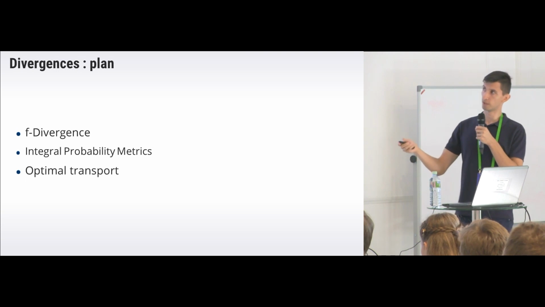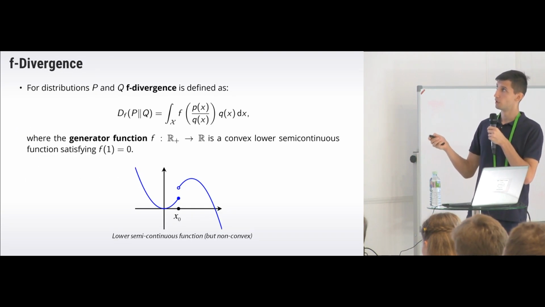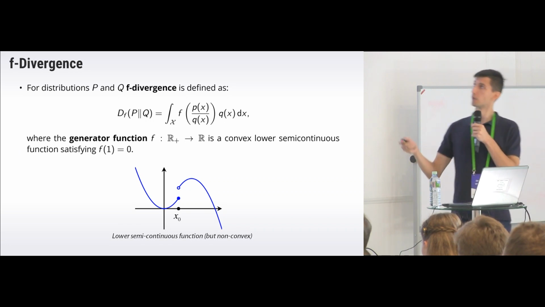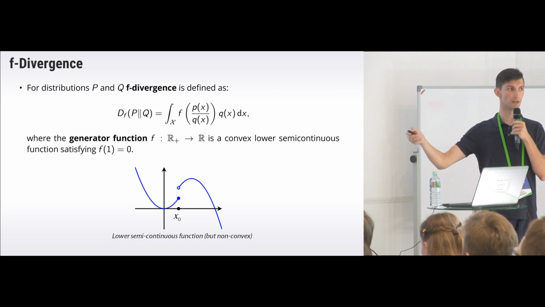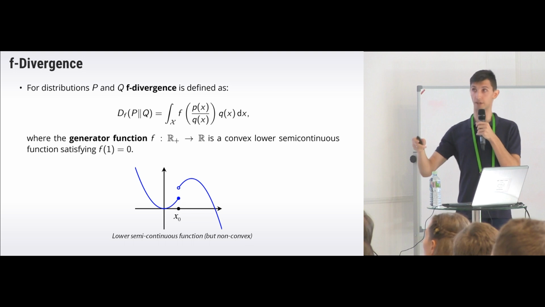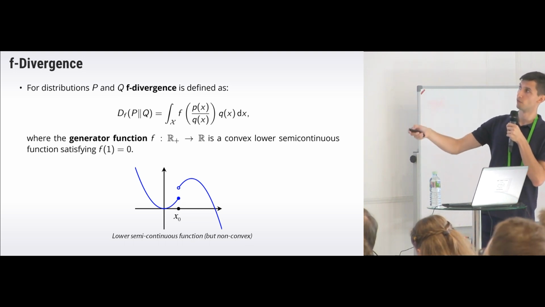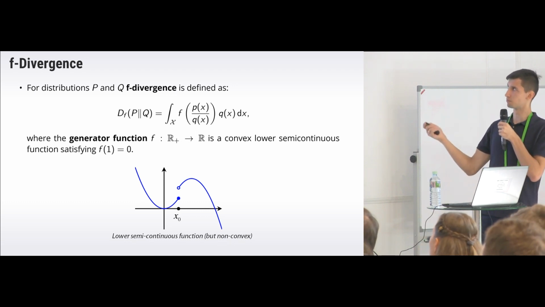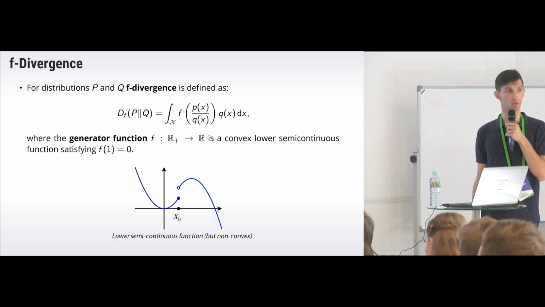We will talk about f-divergence, integral probability metrics, and optimal transport. So what is f-divergence? This is the definition. It looks very similar to KL divergence, and in fact, KL divergence is a special case of f-divergence. f-divergence is parameterized by a function f, called the generator function, which is a convex lower semi-continuous function satisfying f of 1 equals 0.